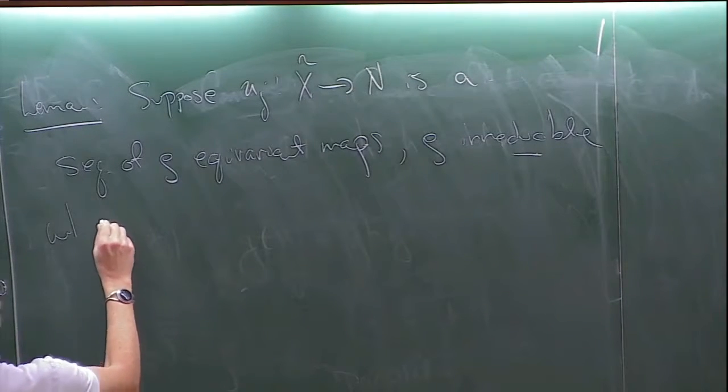By semi-simplicity, it suffices to prove now the existence part for irreducible representations. I already know that semi-simplicity is built in, so I'm only going to do this for irreducible representations. So suppose that rho is irreducible, and I have a sequence of equivariant maps with a uniform Lipschitz constant.